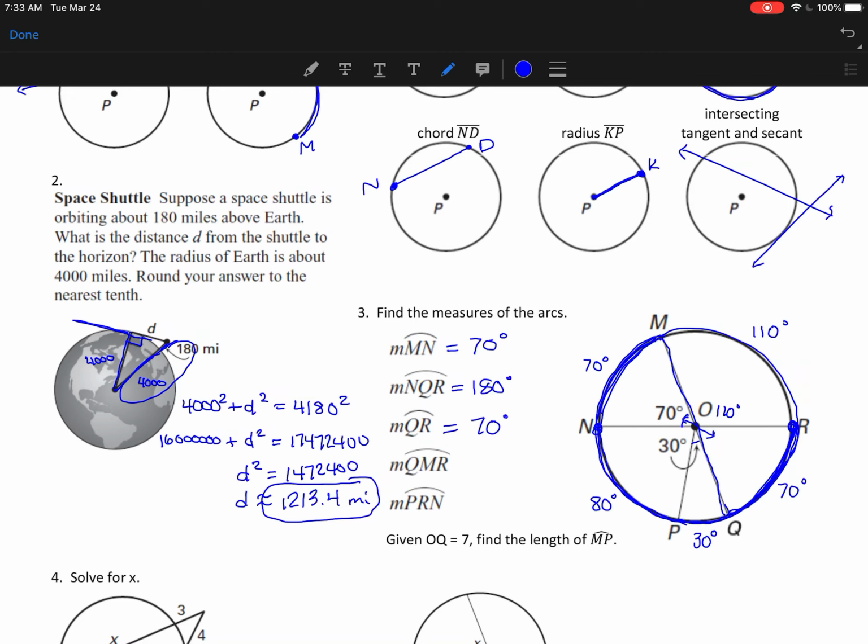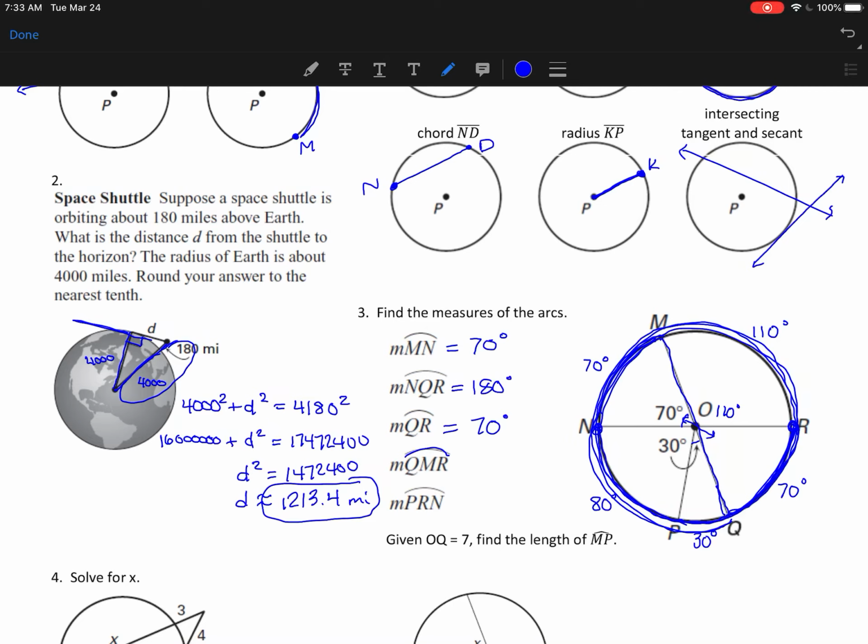QMR, so I'm not going to go from Q straight to M, this is an arc, so I have to go the curvy way. Q through M and then to R, so I would have to be going this way, right? Q through M and then to R, so that would be 30 plus 80 plus 70 plus 110, 290.